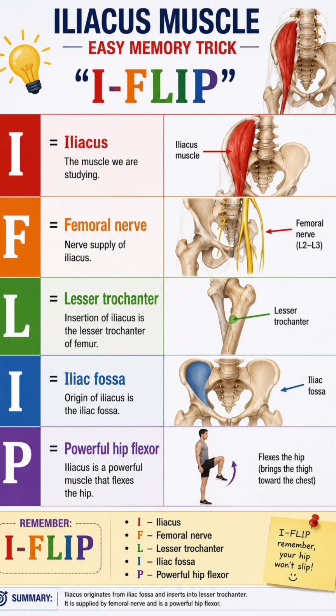The insertion of the iliacus is the lesser trochanter of the femur. Then I stands for iliac fossa, that is the origin point of the iliacus muscle. Then P stands for powerful hip flexor, that is iliacus is a powerful muscle that flexes the hip, as we all know. So this is the easy trick to remember. The mnemonic is I FLIP.